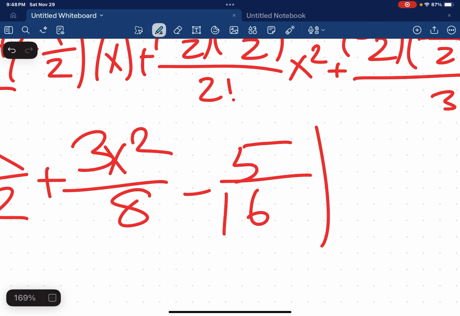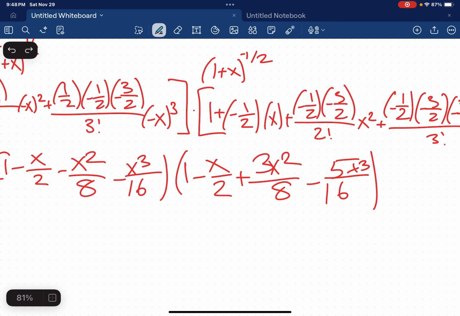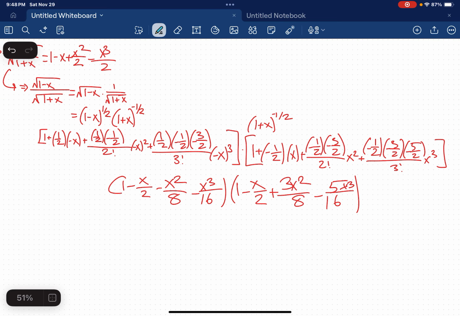Oh, where's my x cubed? That doesn't really look like an x cubed, but you get the idea.